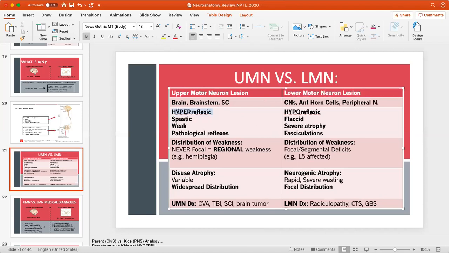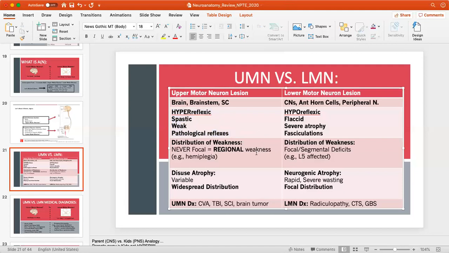So that's where you're going to see all of these hyper or overactive issues, where the upper motor neuron is out for the count. So injury to the upper motor neuron is going to manifest as hyperreflexia. You're going to have an increase in spasticity. You're still going to have weakness, but potentially pathological reflexes and high tone. So hyperactivity, I think, is the key there. That kind of goes along with that analogy.